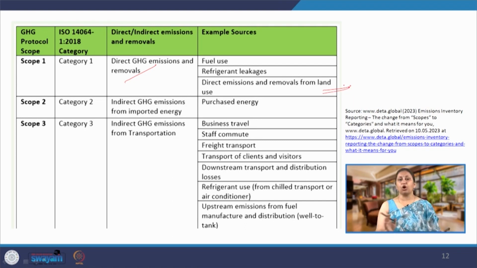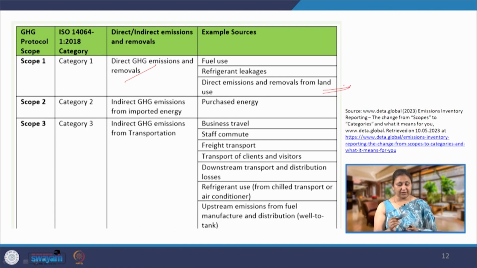Scope 2, all the emissions of scope 2 fall into this category 2, where we are talking about indirect GHG emissions from imported energy. So, basically purchased energy and its production elsewhere is what is going into category 2. Scope 1 and scope 2 are directly coming into category 1 and category 2, which is simple. Now, scope 3 has been divided into 4 more categories here.